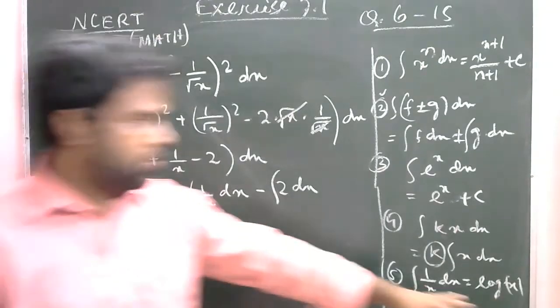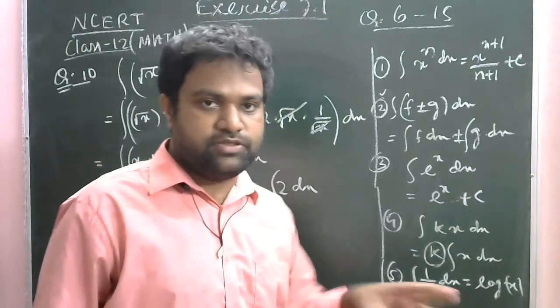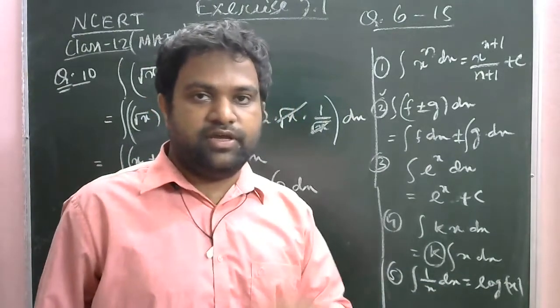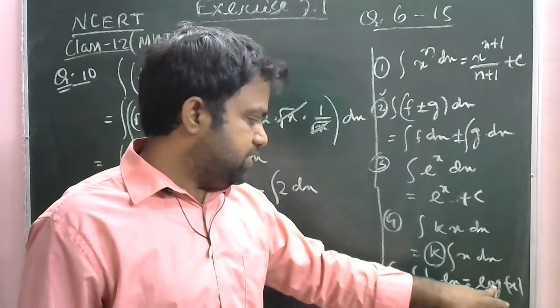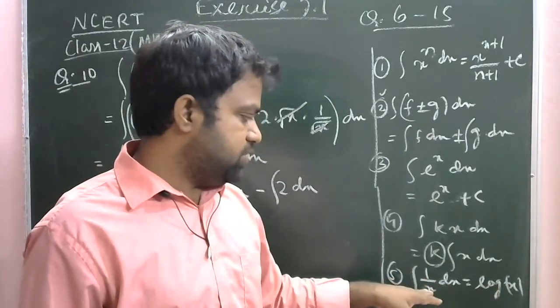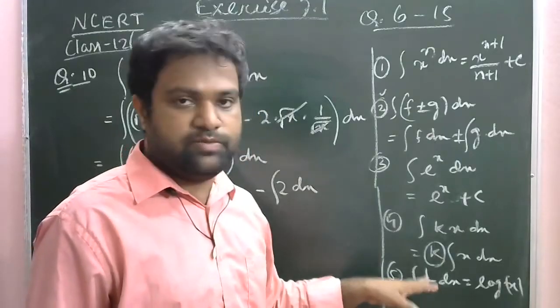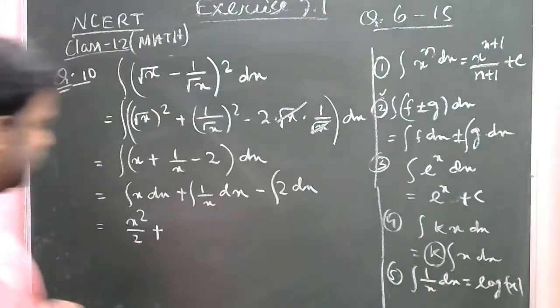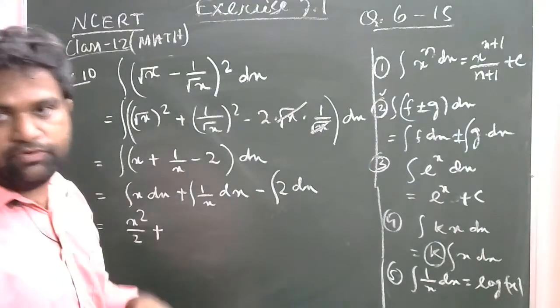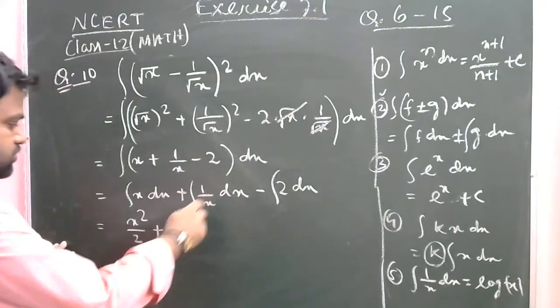Derivative of log x is 1 upon x, because integration is the reverse process of derivative, right? So the antiderivative of 1 upon x, or integration of 1 upon x, is log mod x. Why it is so, you should know it.